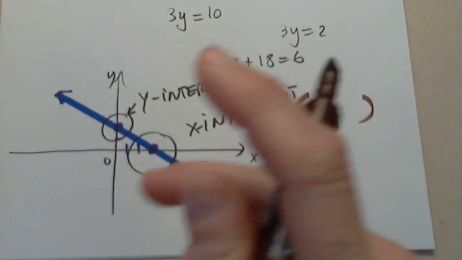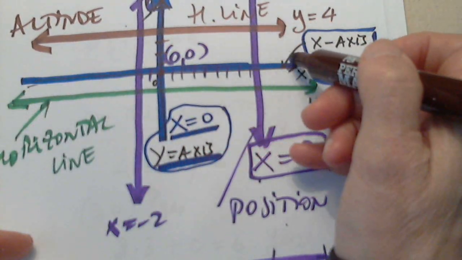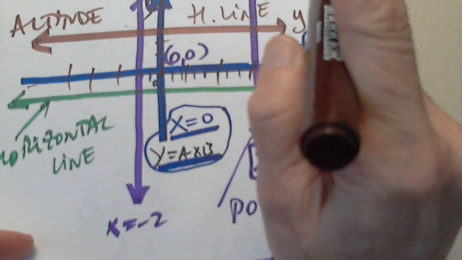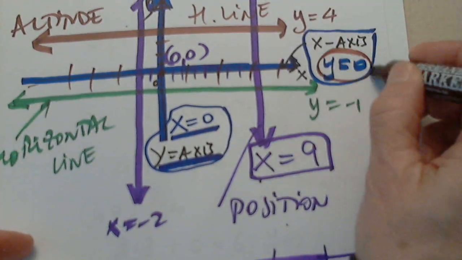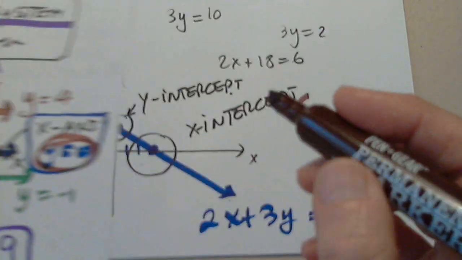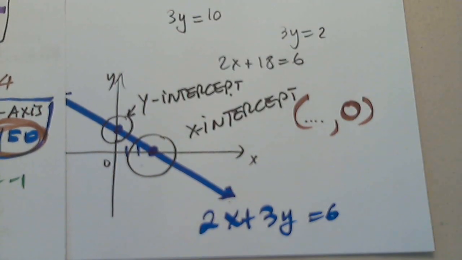On the x-axis, all points here have a common characteristic. What is it? 0 for y, exactly, and whatever for x.